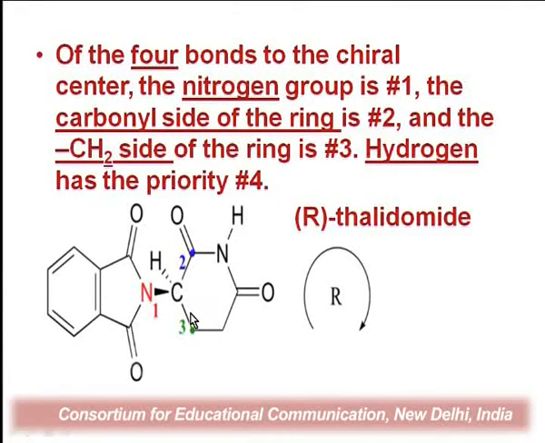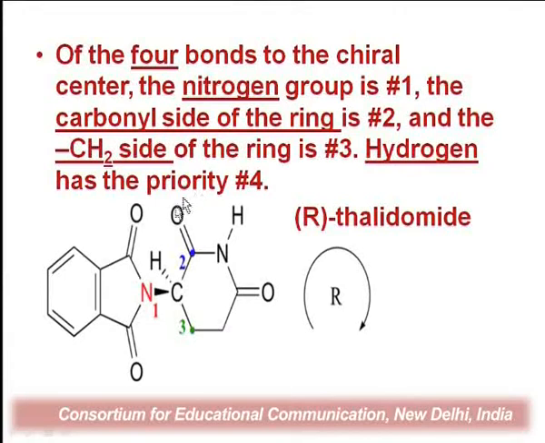Again we have no ambiguity when deciding the priorities of nitrogen and hydrogen. Nitrogen has priority 1 and hydrogen has priority 4. But again there is a tie between these two groups, because here the atom directly attached to the chiral carbon is the carbon of the carbonyl group, and here we have the carbon of the CH2 group.